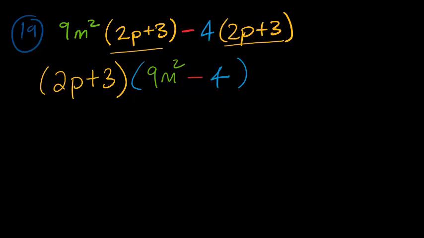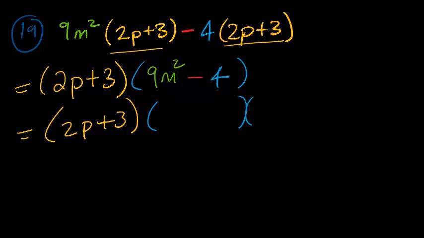Now we know that that second bracket is a difference of squares. So we're going to keep 2p plus 3, and our second bracket, difference of squares, goes into two brackets. One's plus, one's minus. 9m squared becomes 3m, and 4 becomes 2.